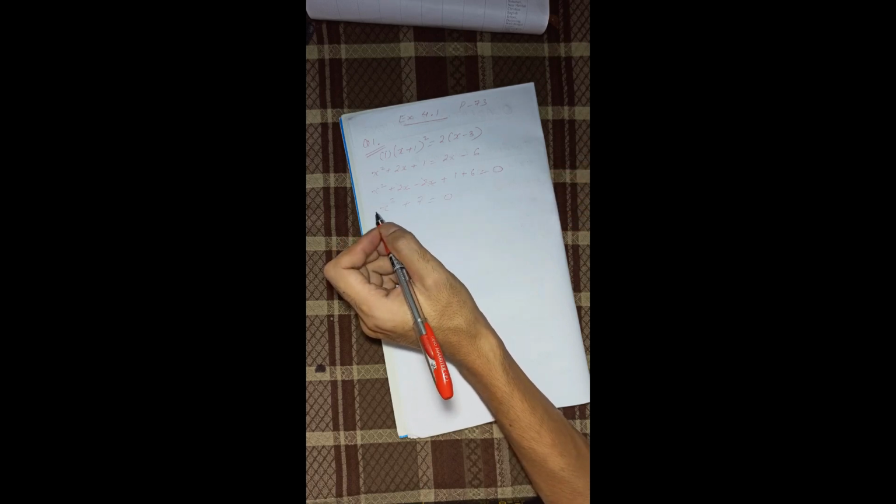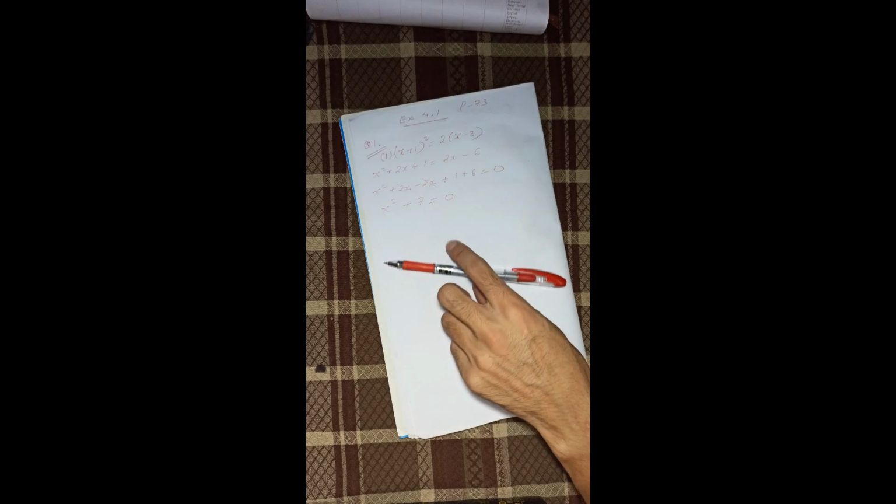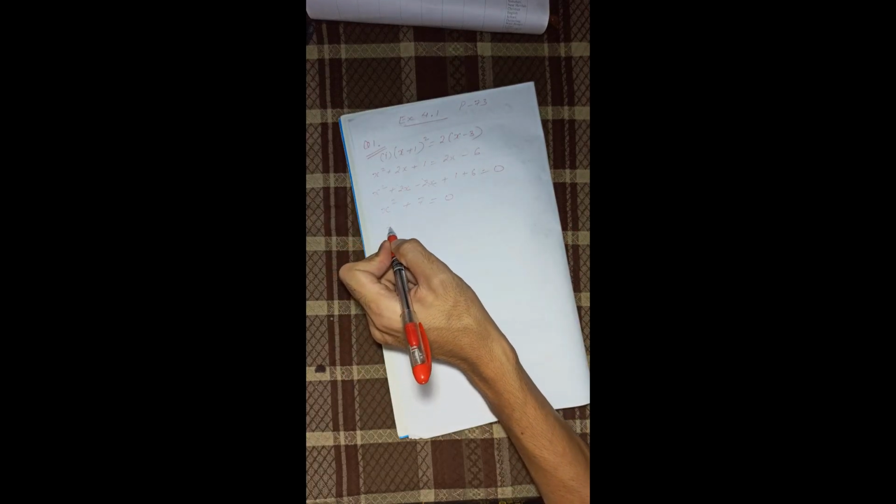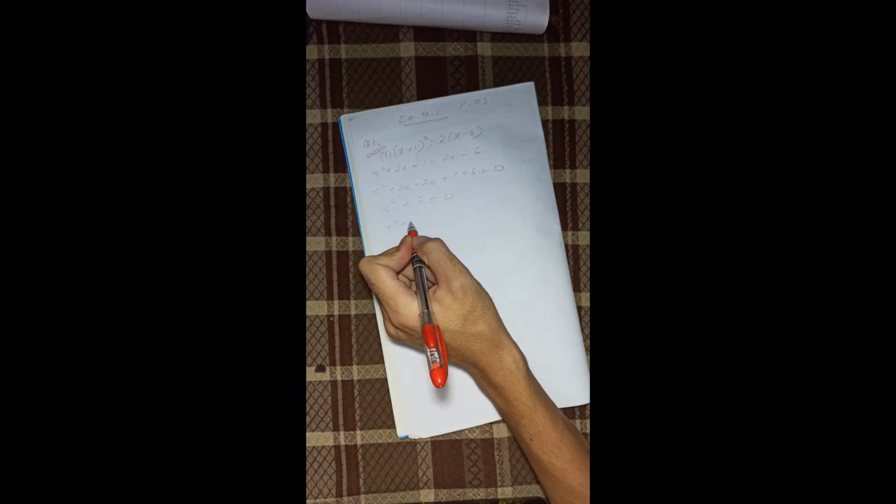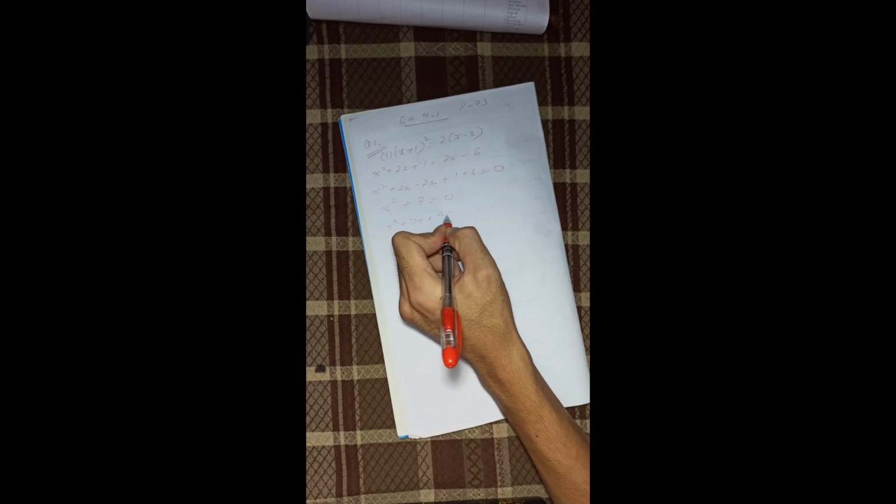See, is this a quadratic equation or not? This is a quadratic equation because we can write this as x squared plus 0x plus 7 equals to 0.